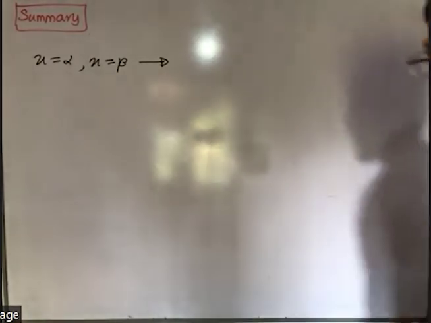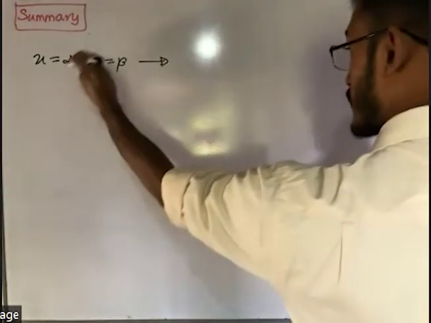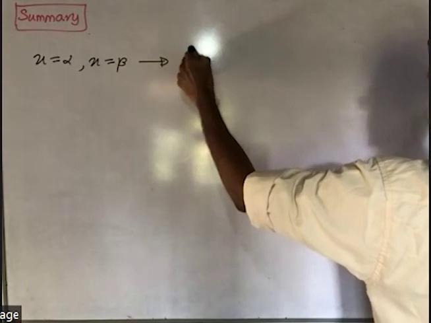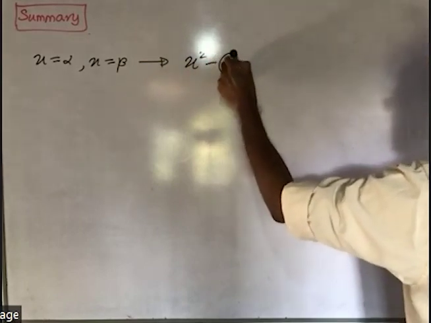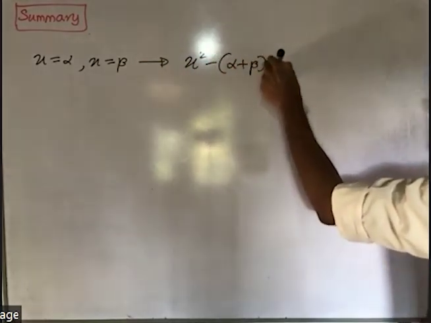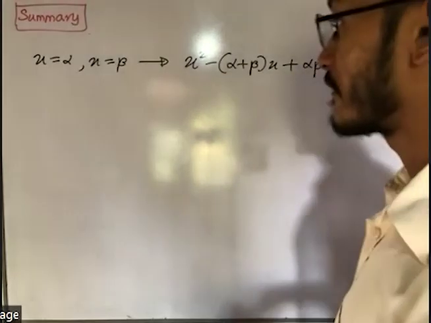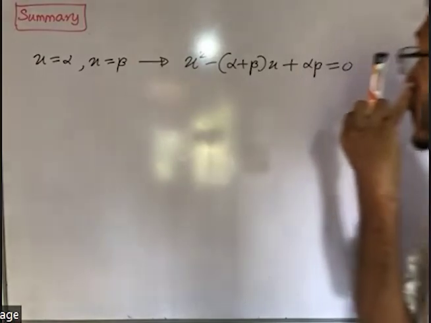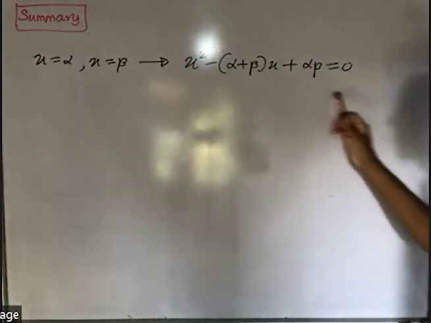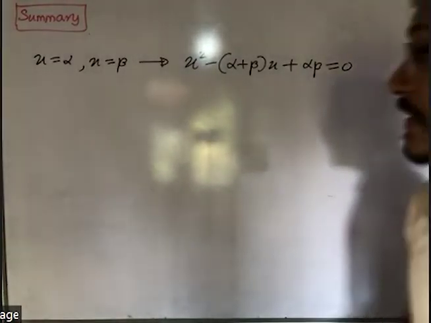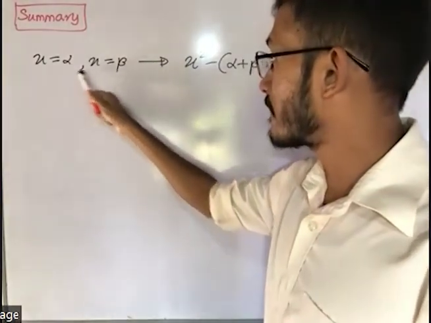In the previous part, we developed that when x equal to alpha and beta, the quadratic equation is x square minus alpha plus beta x plus alpha beta equal to 0. So if the roots are given, we can write down the quadratic equation in this way. Here the roots are alpha and beta.